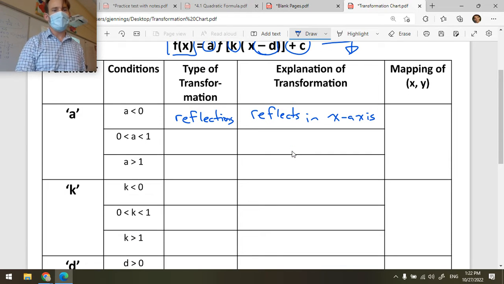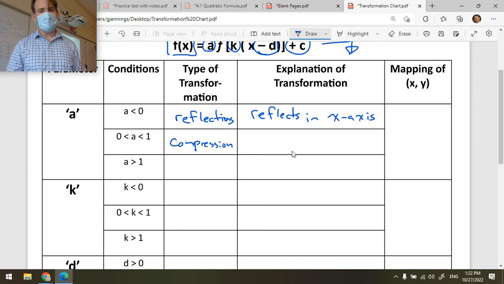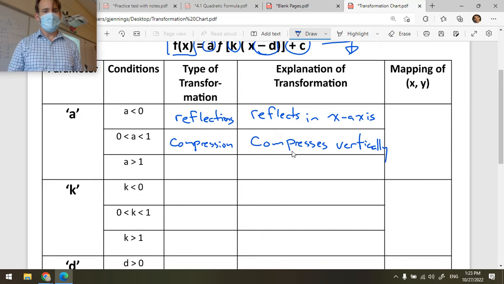Okay? And then when a is between 0 and 1, like a is a number like a half or a quarter, it's a compression. So it compresses vertically. And then when a is greater than 1, it's a stretch.